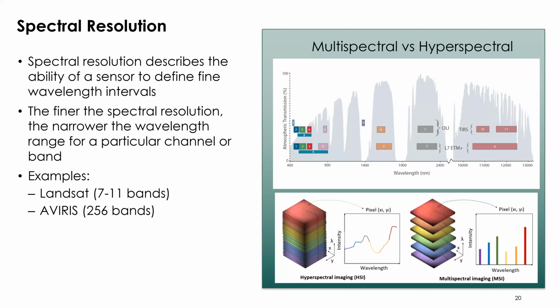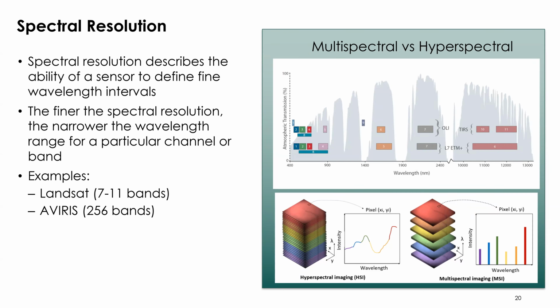The next generation of satellites are going to be hyperspectral. So what hyperspectral means is that rather than having these really big blocks, you're going to have very, very narrow strips. So you have basically an image or a layer covering a very, very narrow part of that wavelength spectrum.